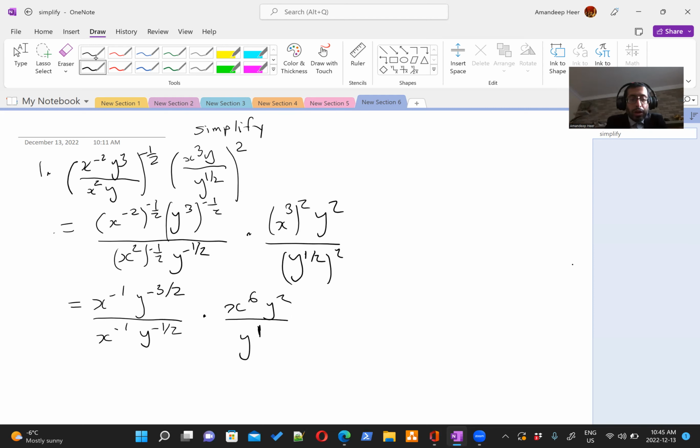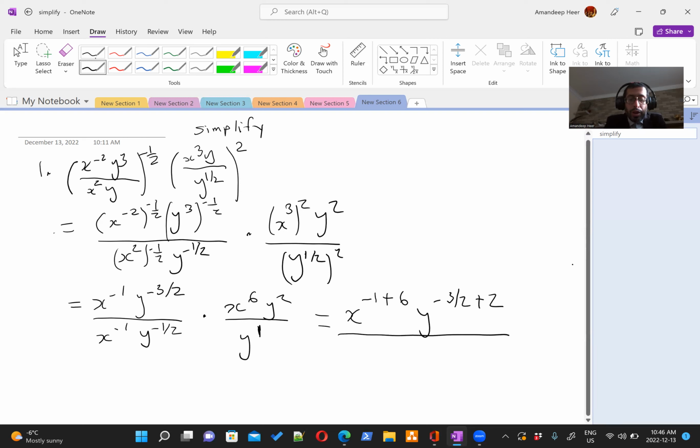So we have x to the power of negative 1 times x to the power of 6, so x to the negative 1 plus 6, y to the negative 3 over 2 plus 2. Then you have x to the negative 1, and you're going to get y to the negative a half plus 1.